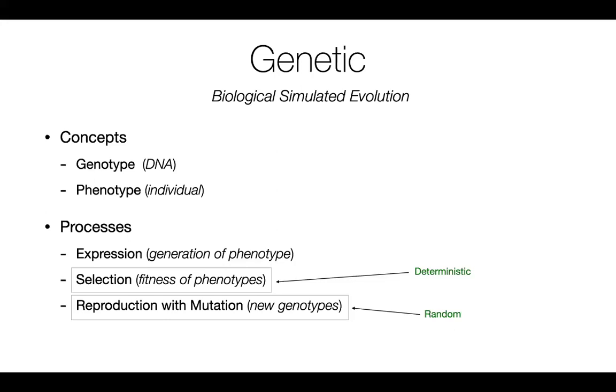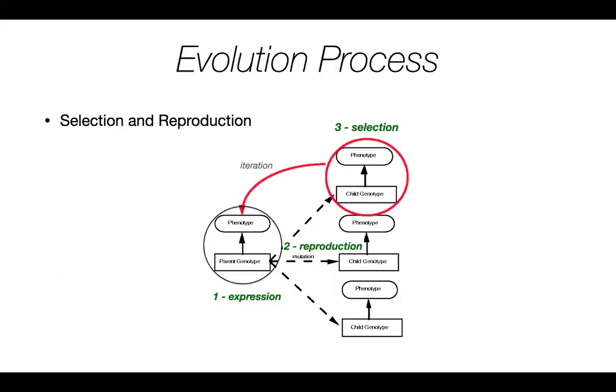And then you have reproduction with mutation to create new genotypes. This will be a random thing, with some probability distribution that determines how this goes, right? So concretely, the evolution process is like this. First, we start with an expression that has a genotype and a phenotype.